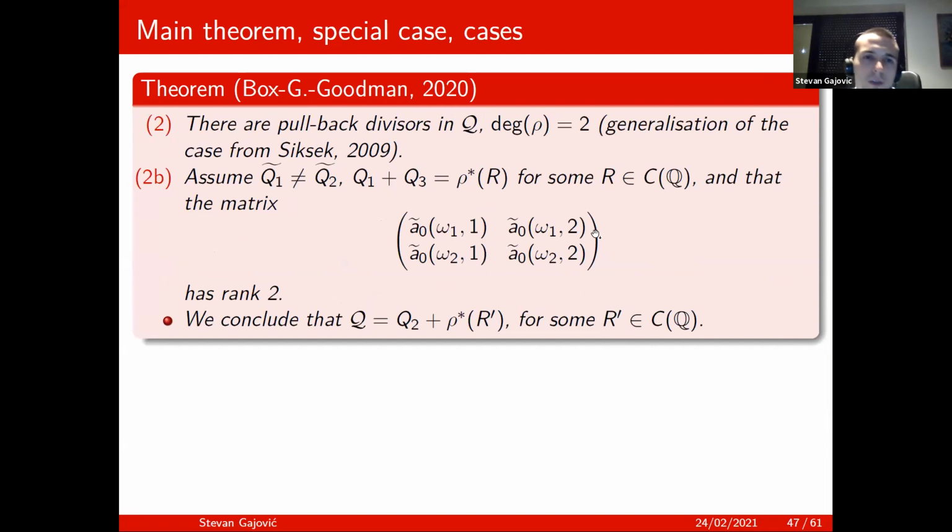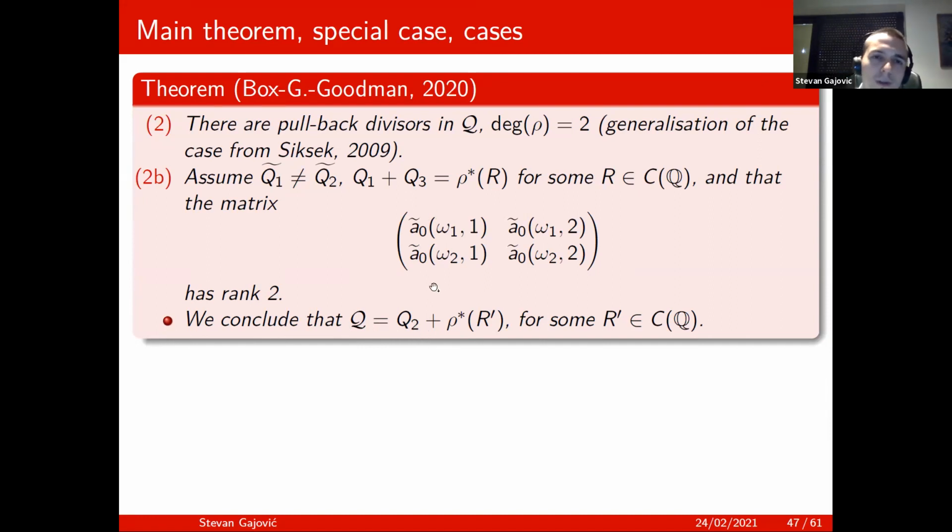And then assume the degree of this map is 2, and assume that Q1 plus Q3 is a pullback of something from C. Then if this matrix, so these are coefficients of omega 1 and omega 2, has rank 2, then we conclude that all points in the residue disk of Q are of the same shape.